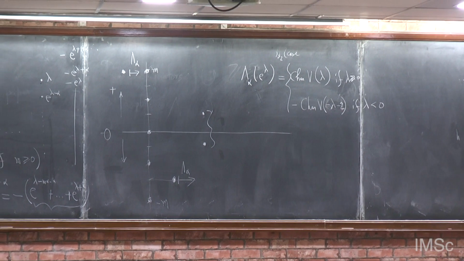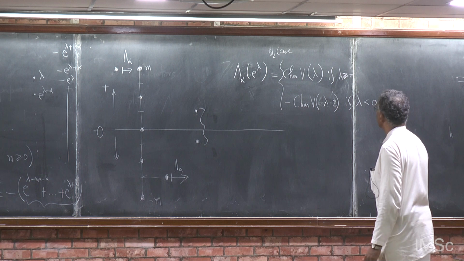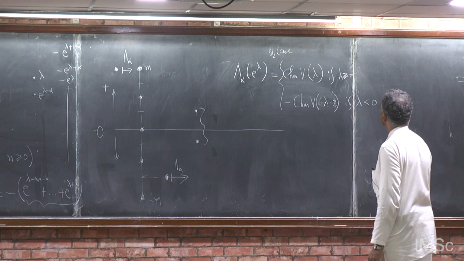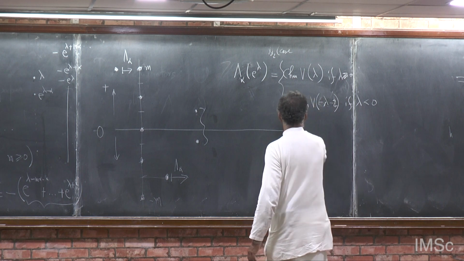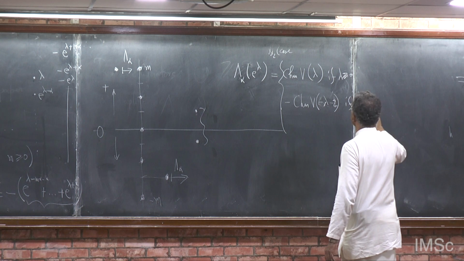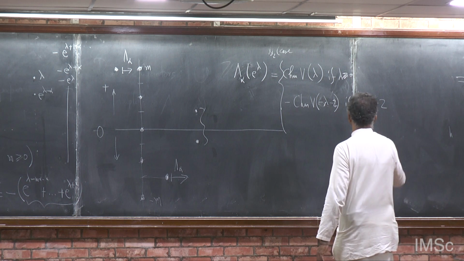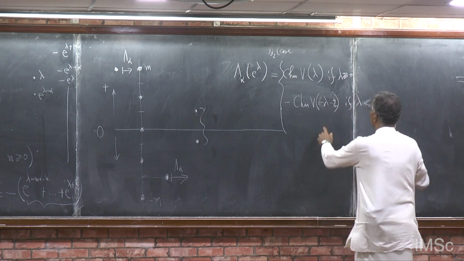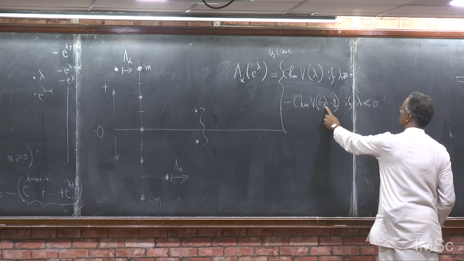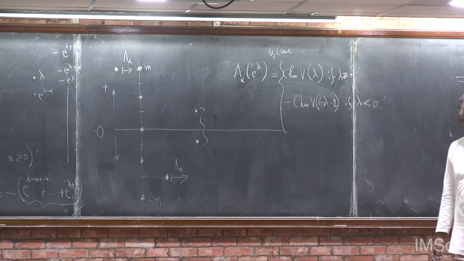Okay, but one second. Did I do that correctly? I guess this is not quite right. This is for lambda less than or equal to -2. Let me just check what happens if lambda equals -1. Then this becomes the character of V -1, which does not make sense unless you interpret it as 0.